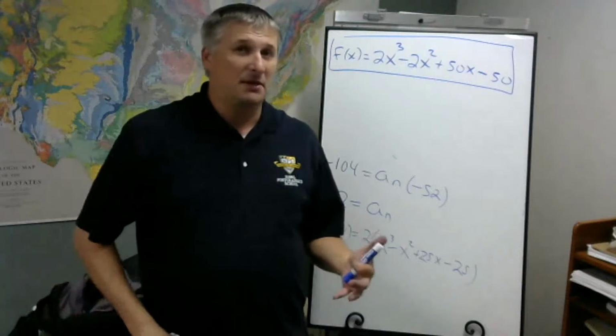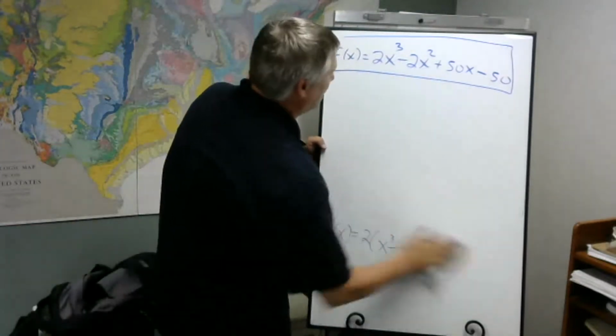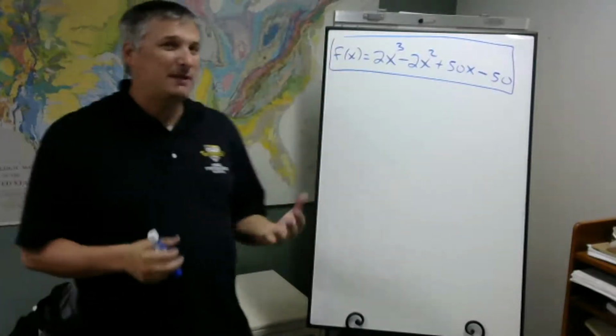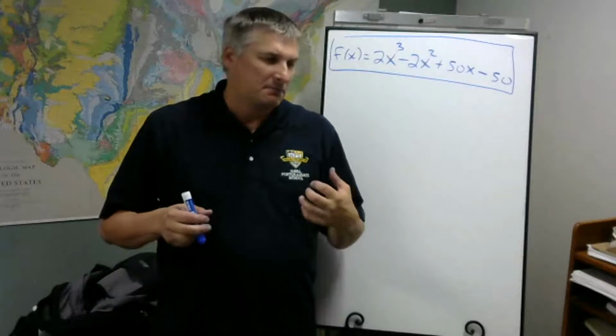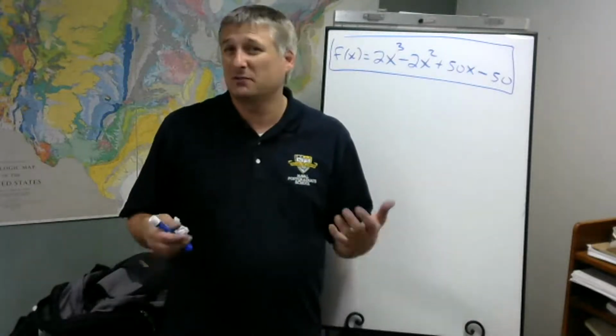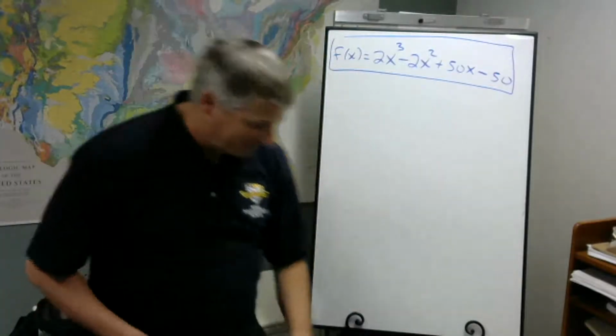And that's going to be your answer. All right. So we do need that little bit of information, the f of -1 equals -104. That lets us find a sub n and complete the polynomial.